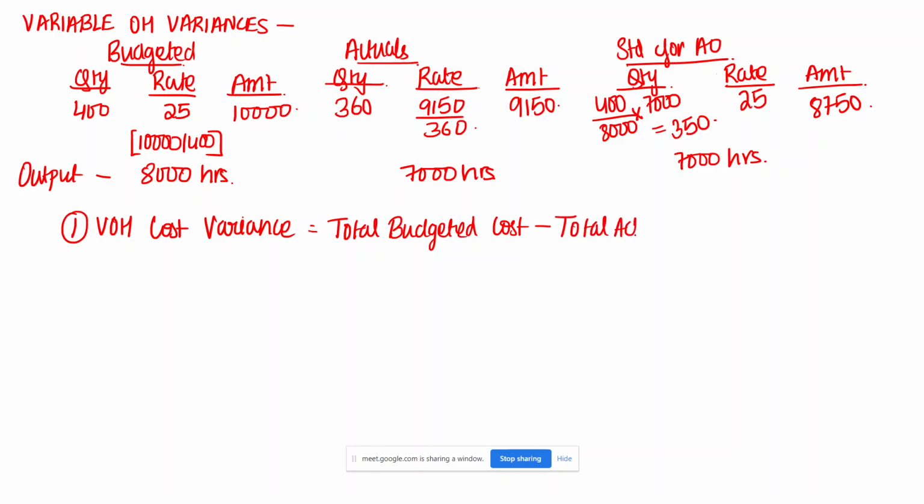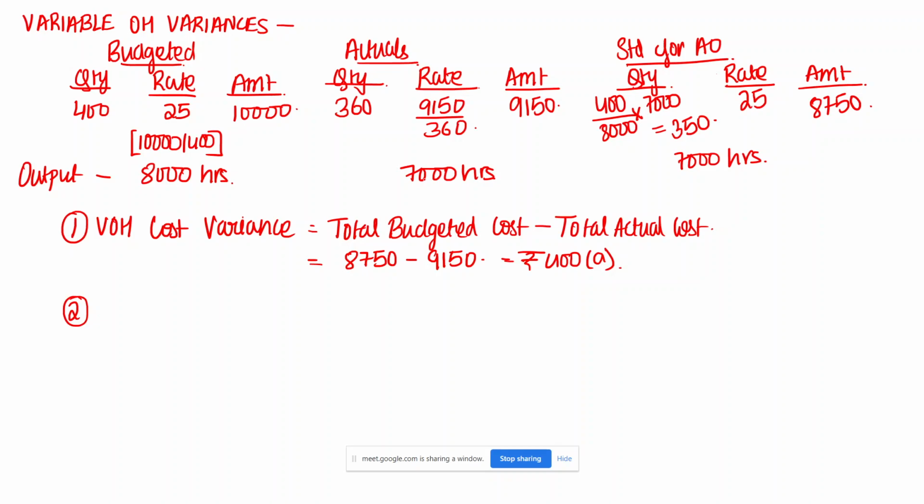Same formula, right? So no problem. 8750 minus 9150. That is equal to rupees 400 adverse.